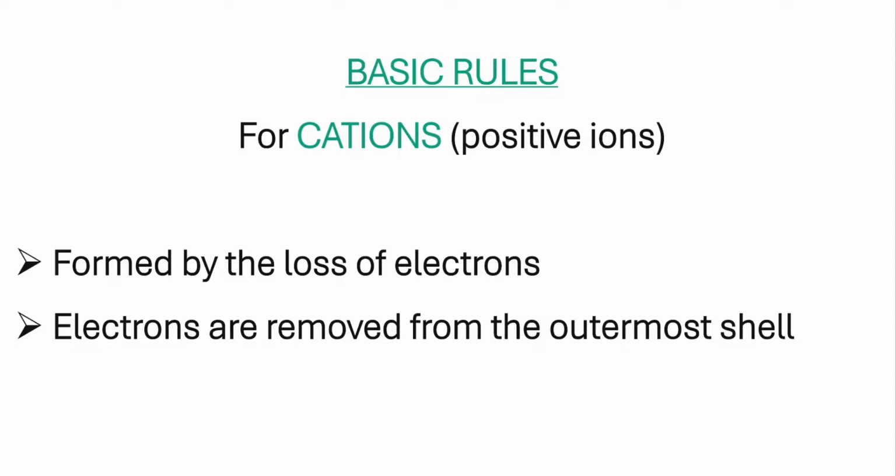So at the end, we are going to subtract the electrons from the outermost shell. Basically, we subtract electrons from positively charged ions to arrive at their electronic configuration for cations. Then for anions, we add electrons to negatively charged ions to arrive at their final electronic configuration. Bear that in mind as we start with cations, which are the positive ions.